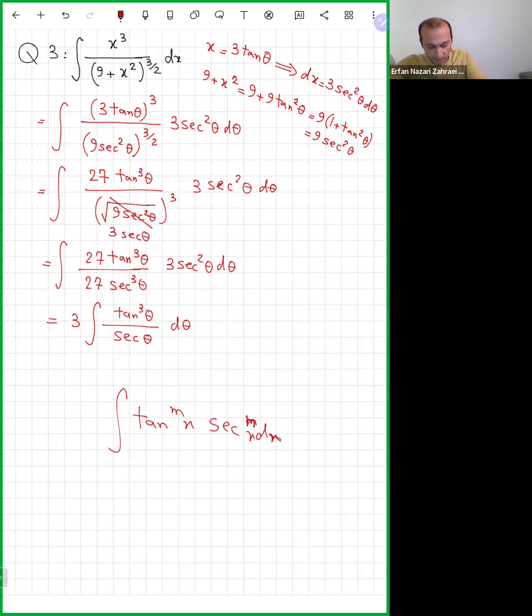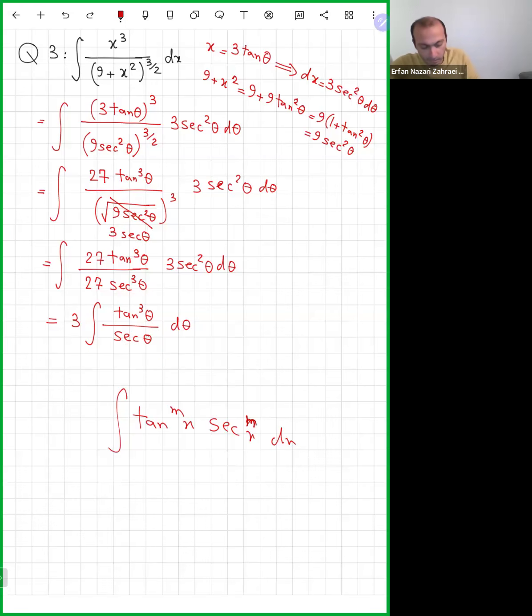Whenever I have a good thing, I do substitution u equals the other one. So, if this is odd, then I do u equals secant. If this is even, I use u equals tangent. In this case, the exponent of tangent is odd. An odd number of tangent is good, so I can use a substitution on this.